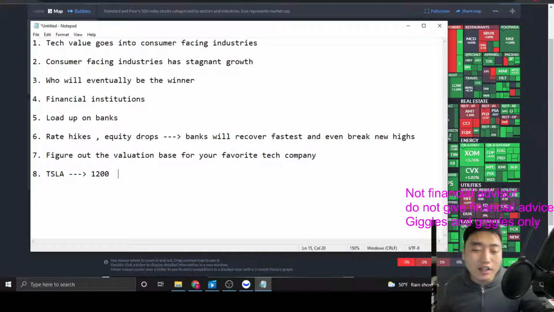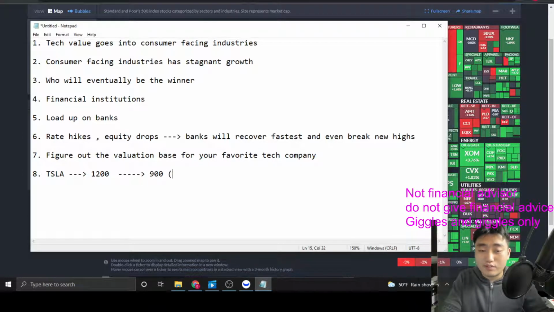And if you look at the option chain, even though right now the price is 1,150, the option deadlock is at 1,250. So let's just say fair value 1,200. Let's just be straightforward, 1,200. And your job is to figure out how much Tesla is actually worth. Is it worth 900?